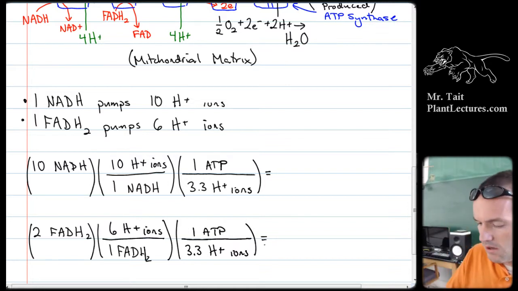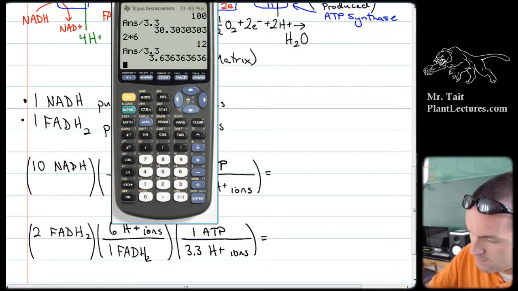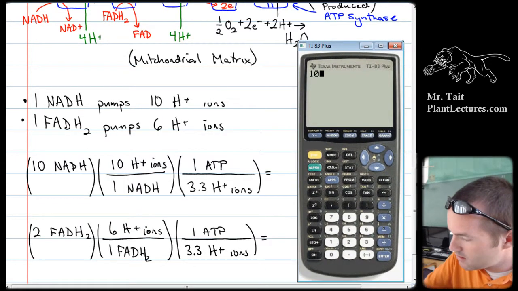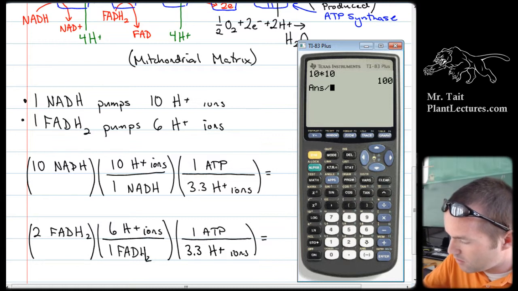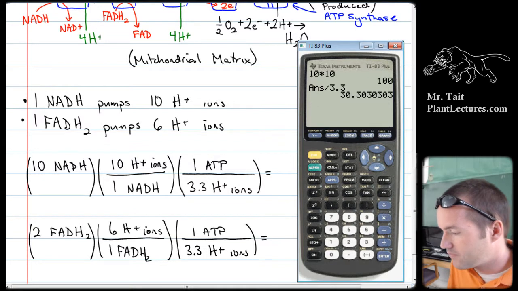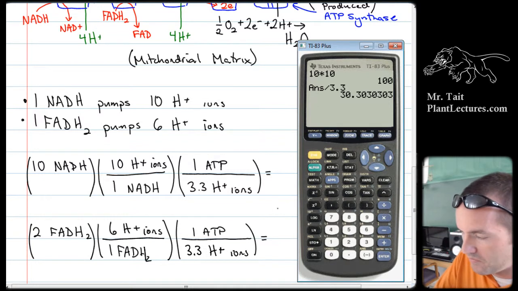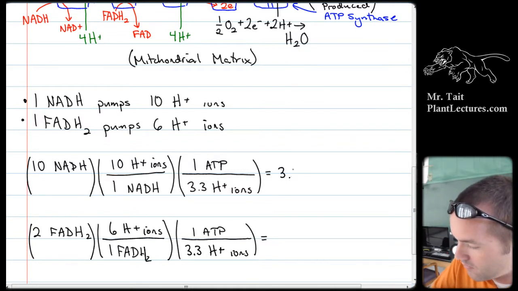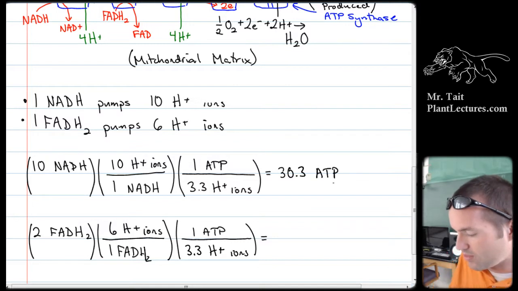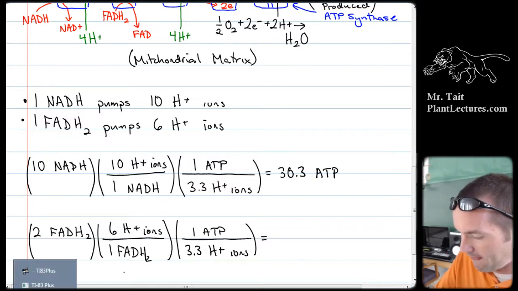Okay, so then we can go through and say, okay, get out my trusty calculator. 10 times 10 divided by 3.3. We'll call it 30.3 ATP. Okay.